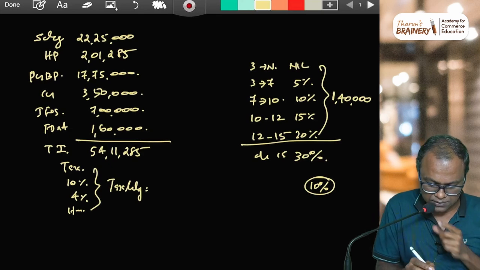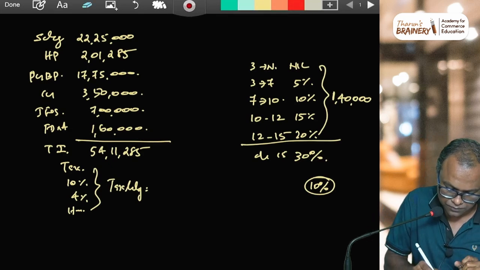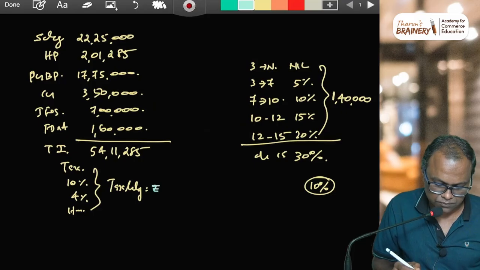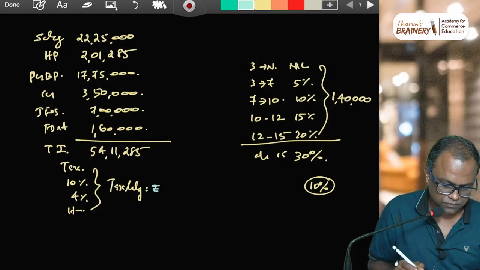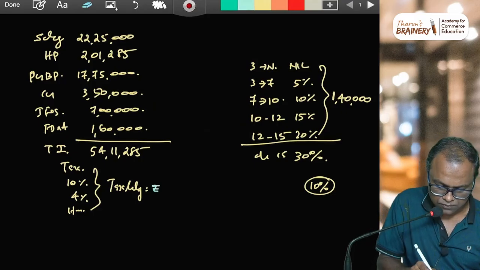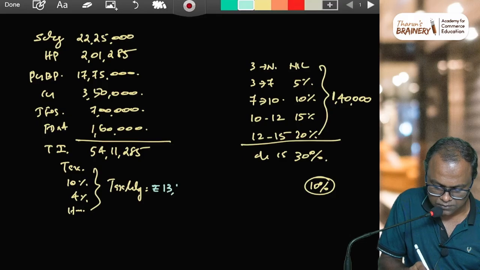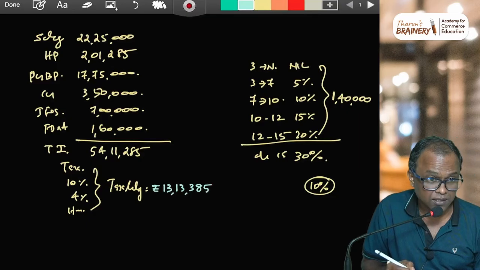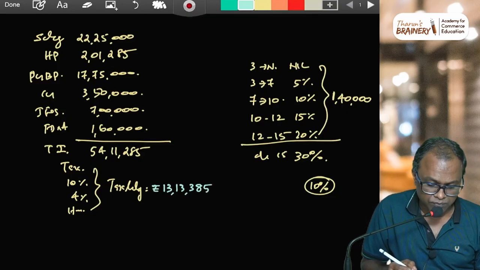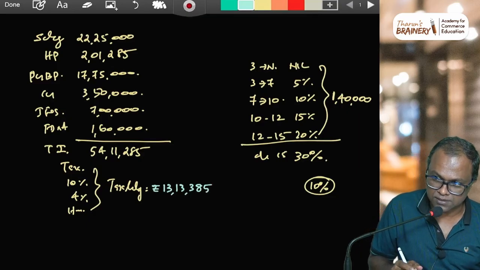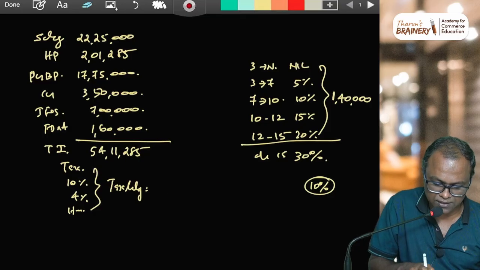So what is the tax? Is 13,385 correct? No, you have to take surcharge and cess. After surcharge and cess, that is the final tax.